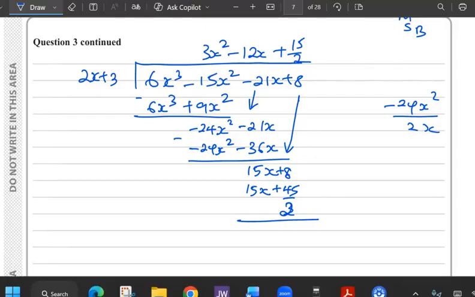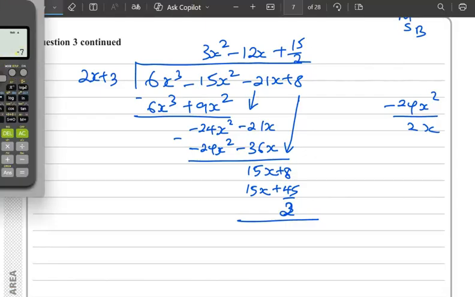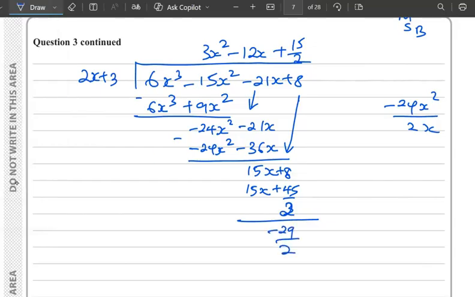So let's go again. 45 over 2. So this one will give you negative 29 over 2.